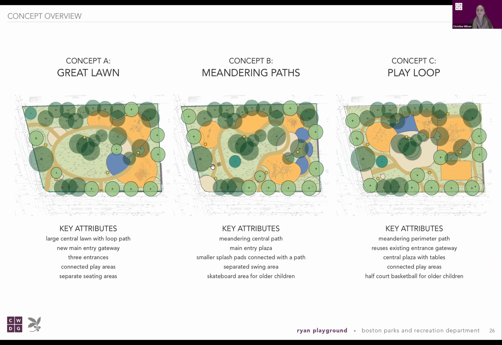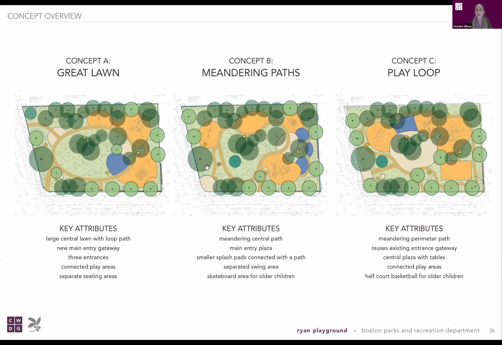So we've put together these concepts. We have A, B, and C. And we've started to locate some of this programming so you can understand the scale of it, how large it is, and how we can have a large grassy area, or we could have a half-court basketball, but it's tough to have both.